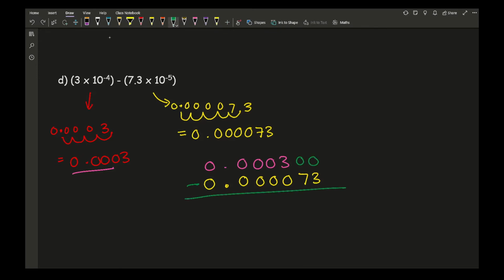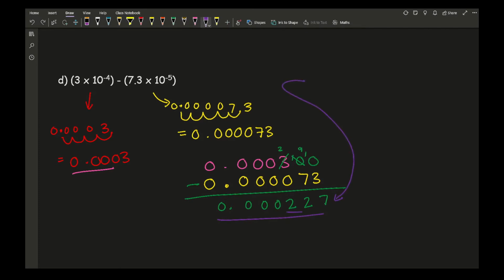So now I can go about doing the subtraction. I'm going to borrow 1 off here to make 2. That becomes 10. That then becomes 9, and that becomes 10. So 10 take away 3 is 7. 9 take away 7 is 2, and 2. And then just fill in the empty spaces. So you can see here, this is my final answer. I now need to convert this back into standard form.